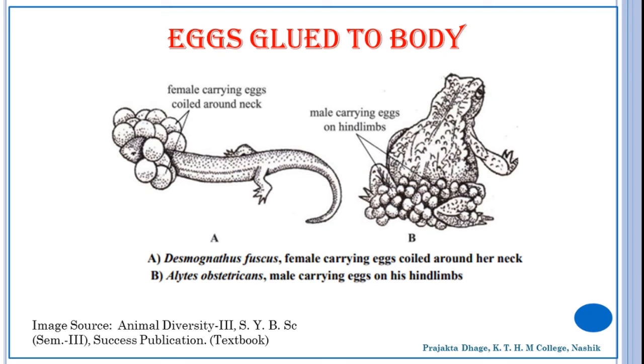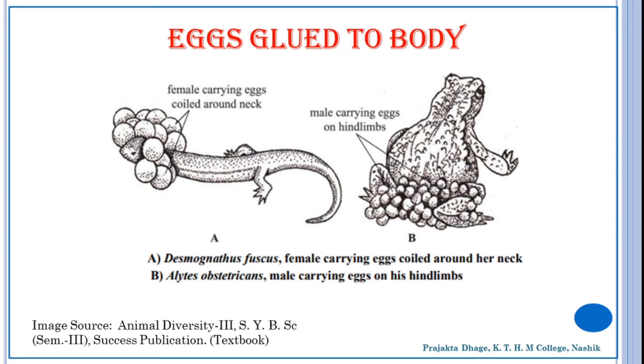Another example is the Sri Lankan tree frog Rhacophorus reticulatus. What happens in this frog is that the eggs are glued to the belly of the female, right? And then once the eggs are hatched, they will be laid into the water body.